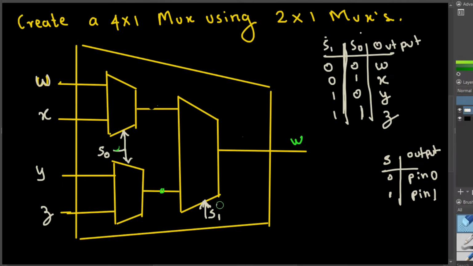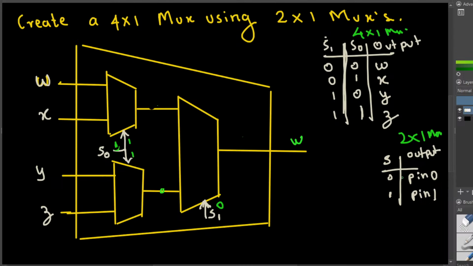For the second one, what do we have? We have 0 and 1. S1 is 0, S0 is 1. So this one is going to be 1 here, 1 here. So when S is 1, what is the output for a 2 by 1 mux? This is a 2 by 1 mux, and this is a 4 by 1 mux.